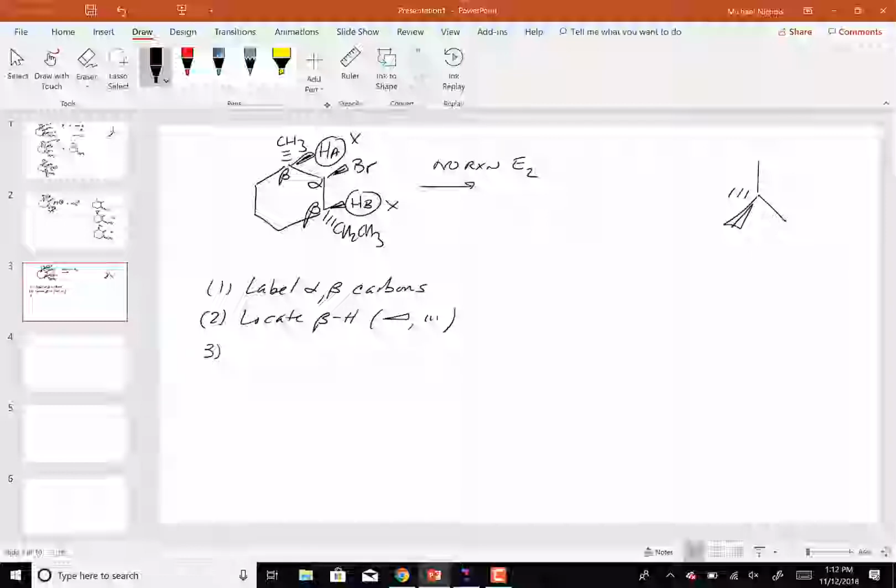Then third, what do we do? Very plain. Can each beta hydrogen be removed? Because if it can't be removed in an E2 reaction, then you're not going to get that product.